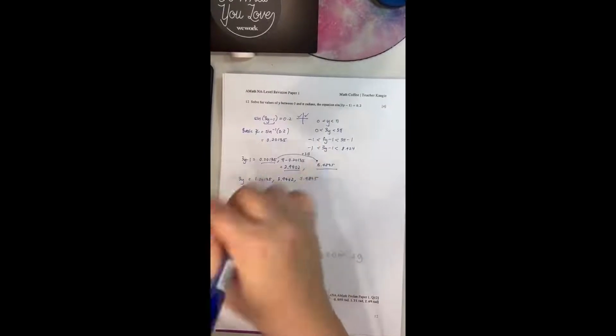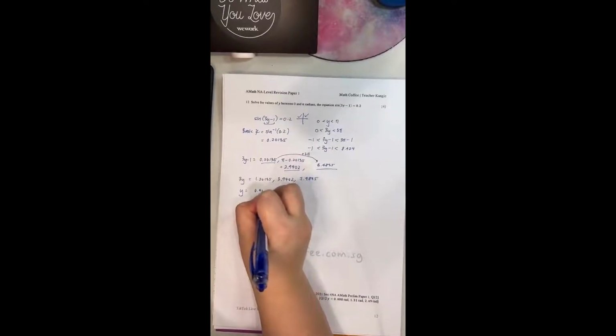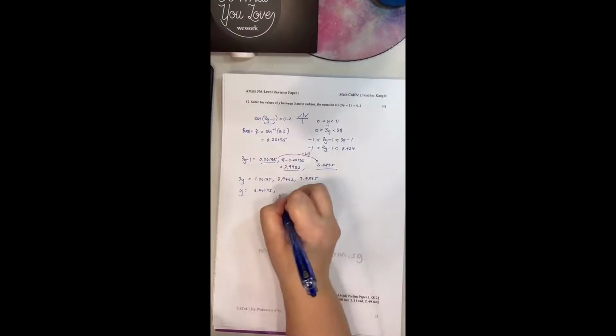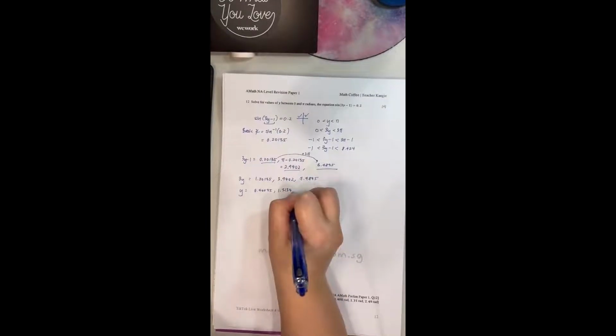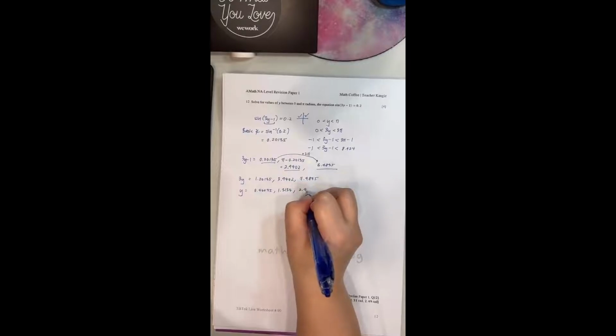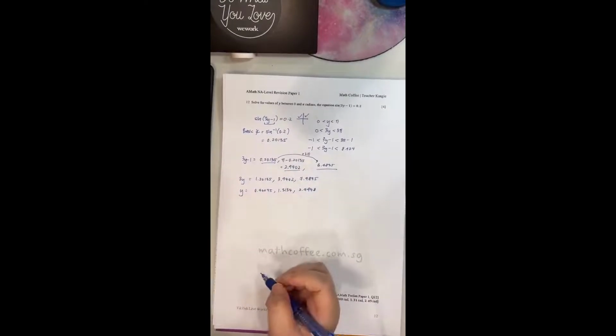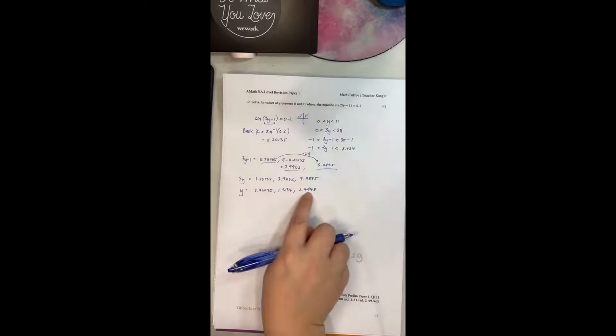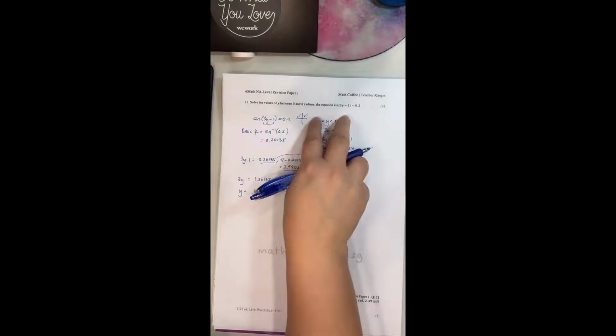So all these 3 divided by 3, I get 0.40045, 1.3134, 2.4948. Do you see I have all these 3 which are inside my answer range?